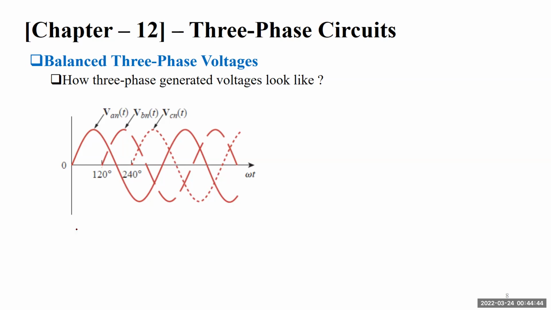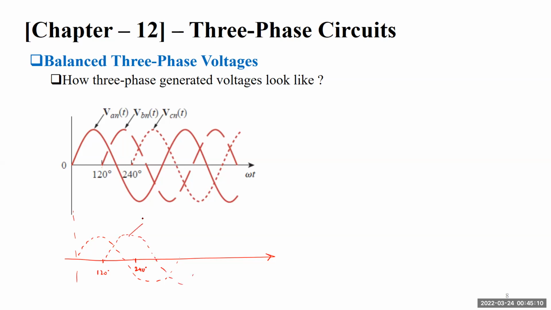And this combination may change as well. For example, AN is starting like this, then instead of BN, say this is 240, we can have CN starting like this.